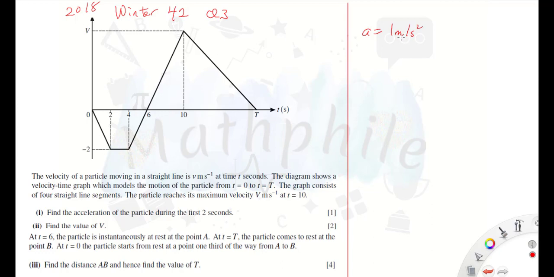So this acceleration is 1 meter per second squared, even though you're getting a negative value. But doesn't it contradict the diagram? No. The down part of the velocity time graph tells you that the particle is moving backwards, right?